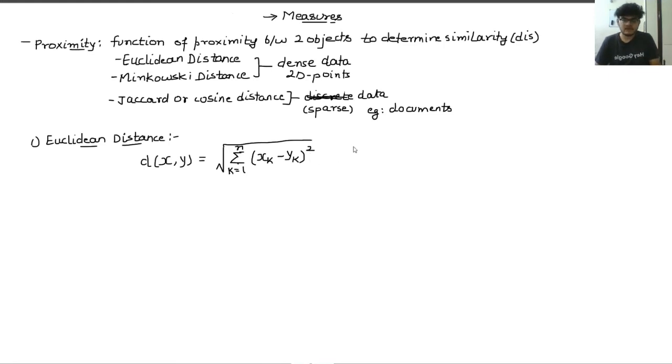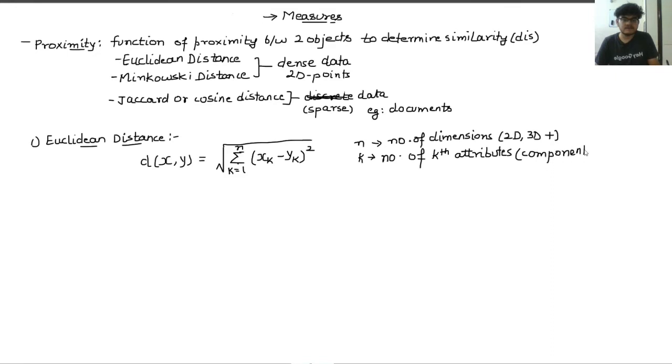In this formula, n is the number of dimensions that we have, for example 2D or 3D or even higher, right? So n represents the number of dimensions and k represents the kth attributes or components, or we can simply say components.